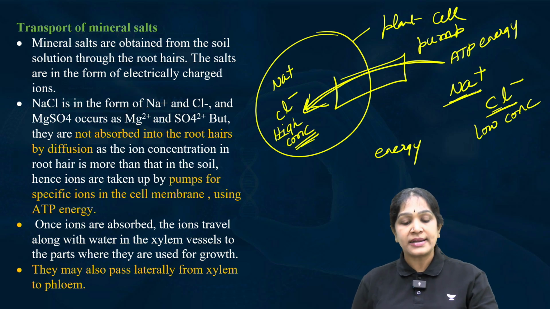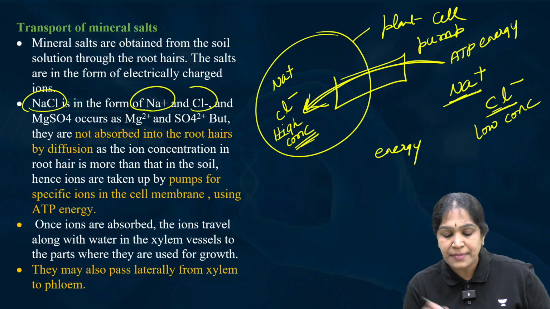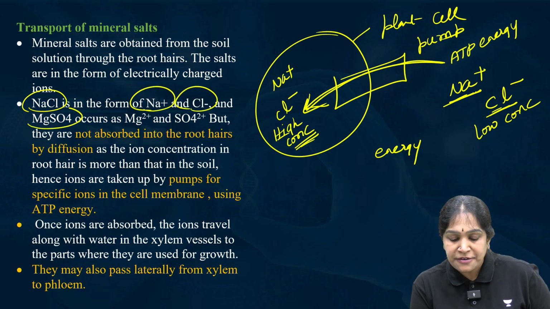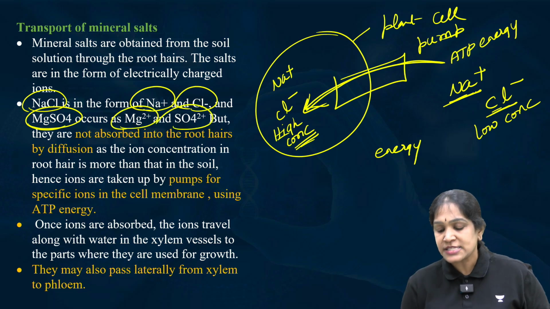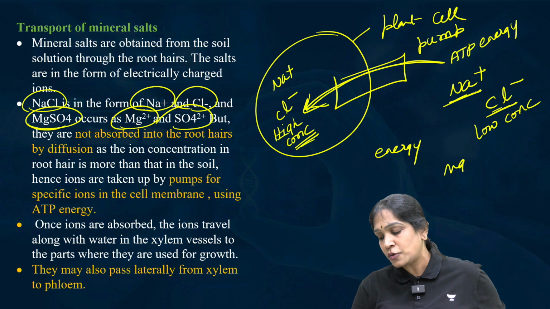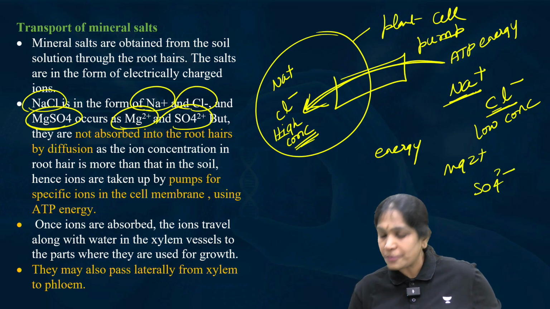This is how the plant cell will take up the minerals like NaCl in the form of Na+ and Cl-. Magnesium sulfate MgSO4 in the form of Mg2+ and SO4 2-.